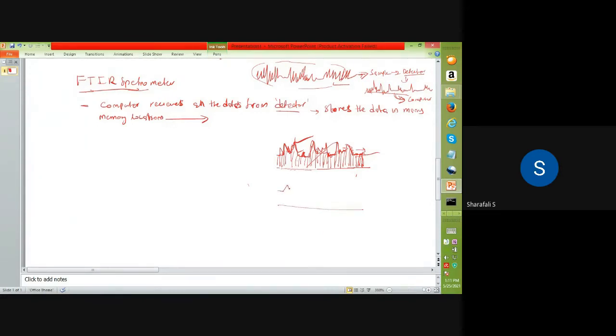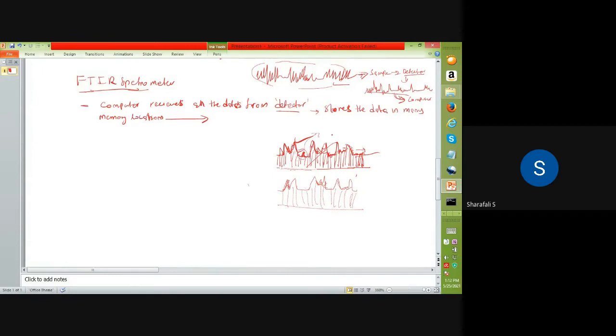It will not be the same. Anyway, I am talking about the same spectra. Next time also we'll get the same spectra, and in that case this noise may not be there.